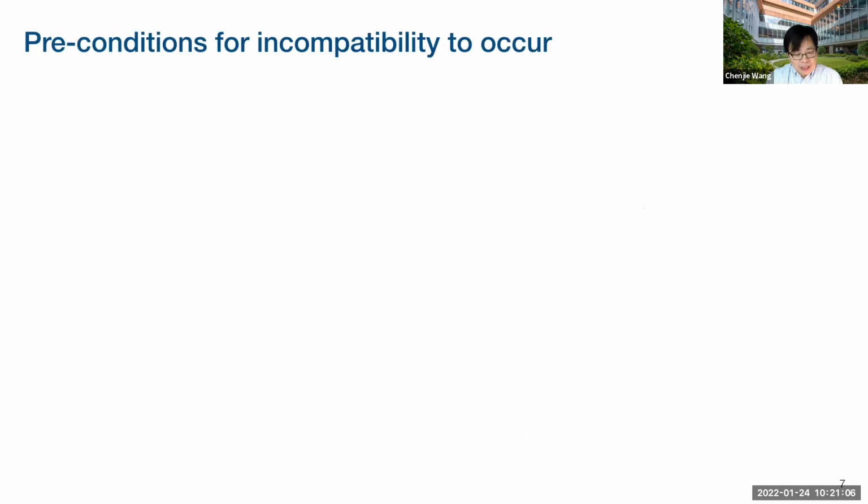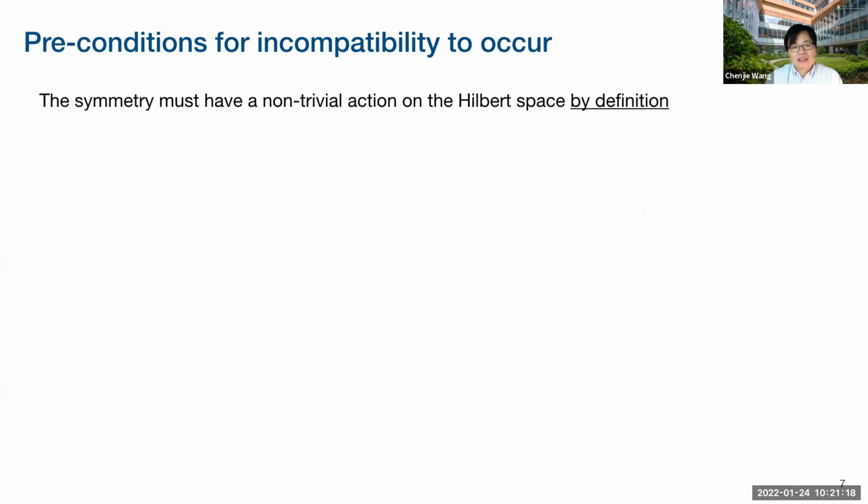But actually, this incompatible case hasn't been widely studied because there are preconditions for incompatibility to occur. This precondition is that the symmetry that you consider must have a non-trivial action on the Hilbert space by its very definition.